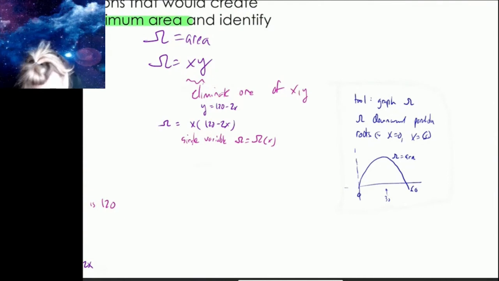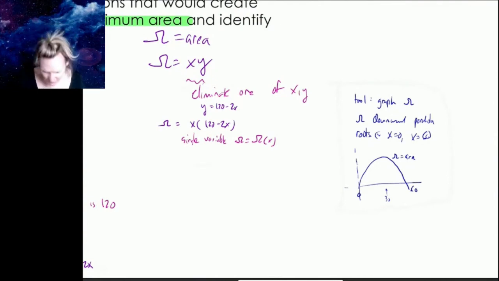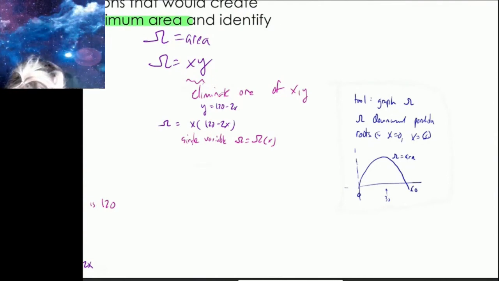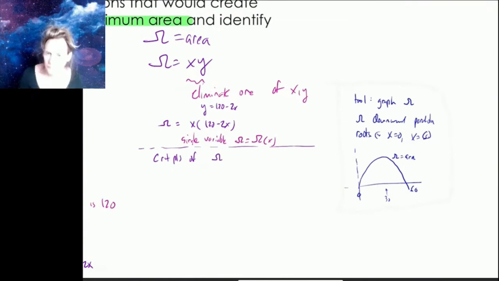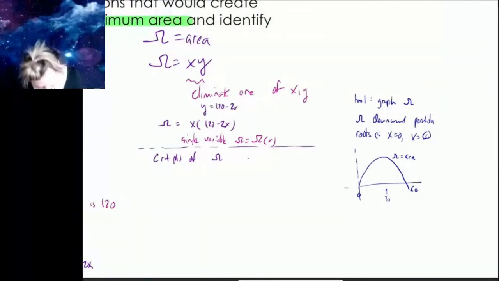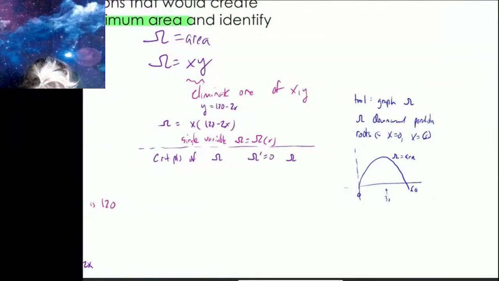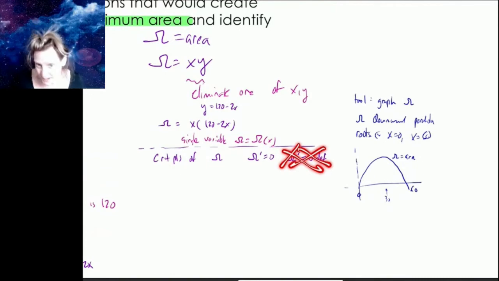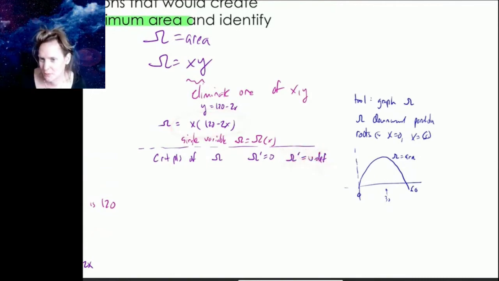Let's use that now to help guide our work as we compute the critical points of our objective function. They're going to occur when omega prime equals 0 or omega prime is undefined. And I know that there are no critical points where it's undefined because it's a parabola, and there are no places a parabola has an undefined derivative.